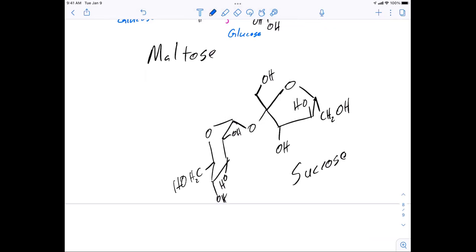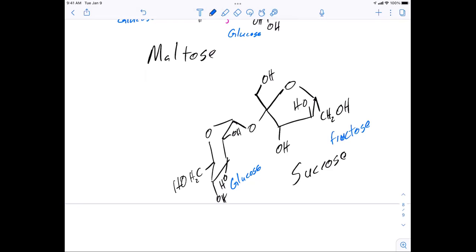Again, if we break down this molecule over here, that's on its side, so it might be hard to recognize, but notice that all the attachments are in the equatorial position. This is glucose. But then this one over here, we haven't seen this one before. This is fructose. This is a 5-membered ketose, or that's my ketone 6-member sugar, my fructose. So sucrose is a glucose and a fructose coming together.